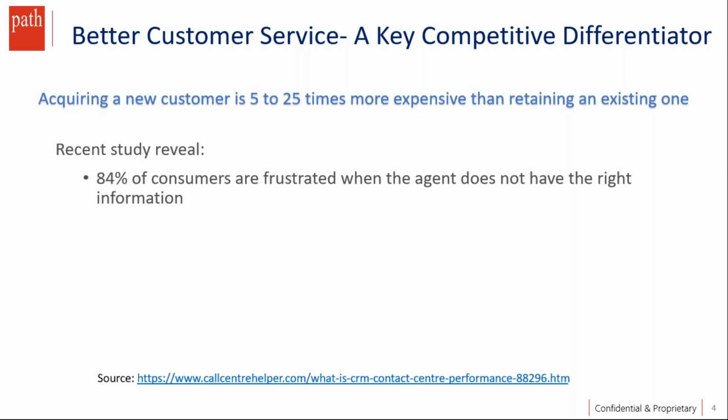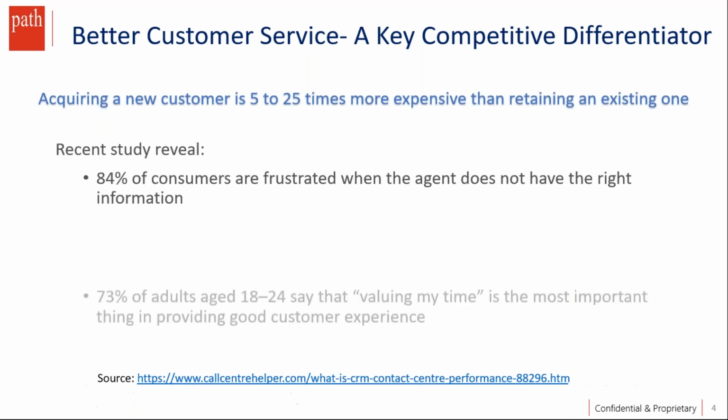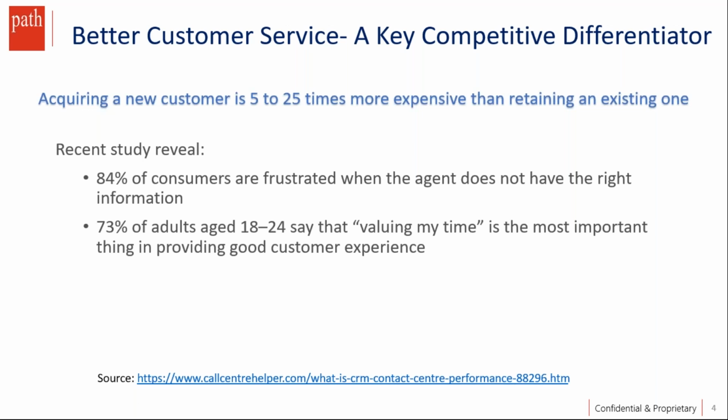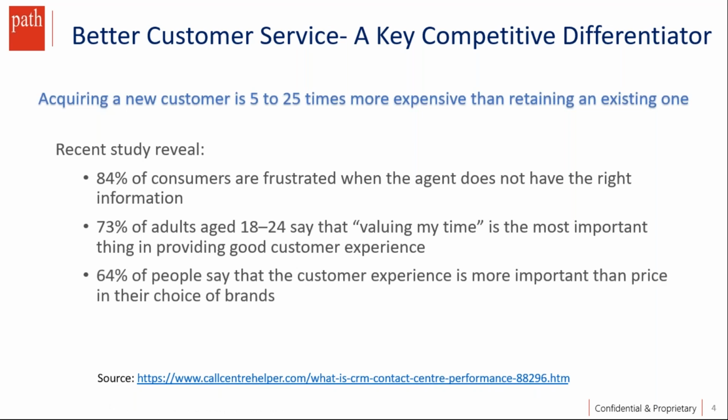People do not have real-time access to the information, which creates a lag in customer satisfaction. 73% of adults aged between 18 and 24 say that valuing my time is the most important thing in providing good customer experience. So especially the young ones prefer solving queries and problems within a set stipulated time. And about 64% of respondents say that customer experience is more important than price in their choice of brands.